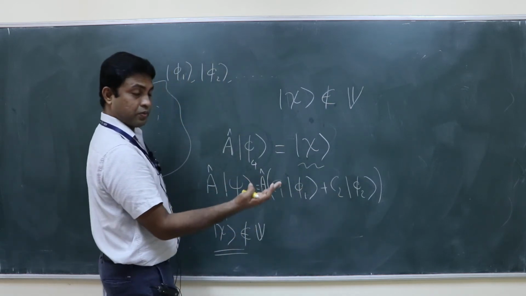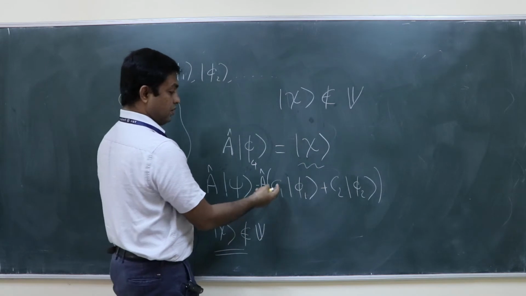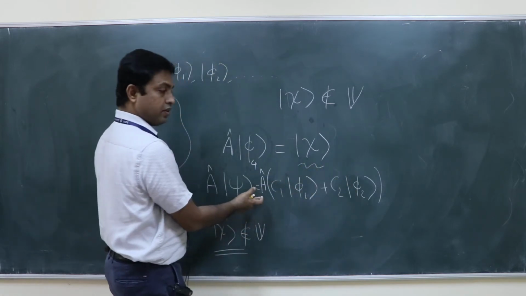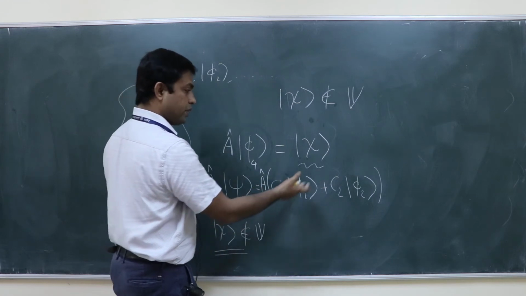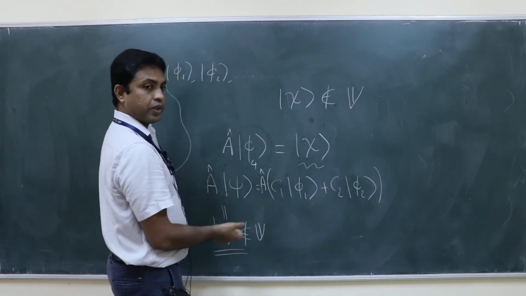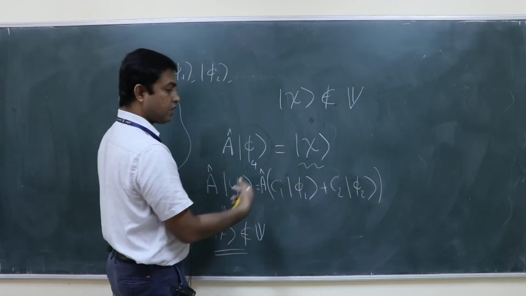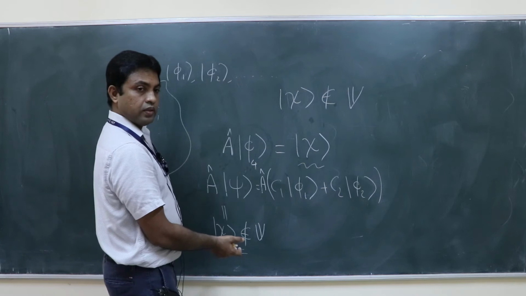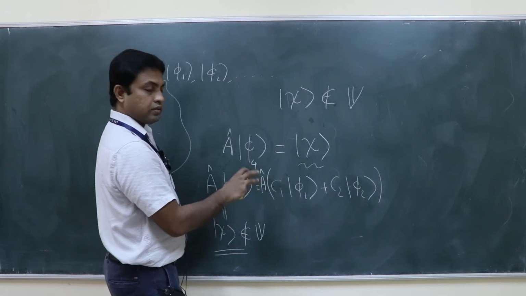So there are three possibilities. One is phi 1 is not in the domain of A. Phi 2 is not in the domain of A. Or phi 1 plus phi 2, that combination, is not in the domain of A. If any of these things is satisfied, then ket psi is not in the domain of A. So that's what I am saying.